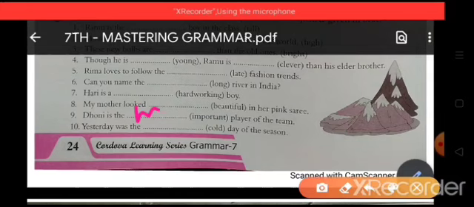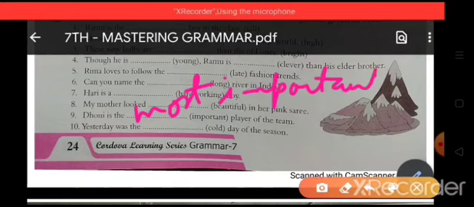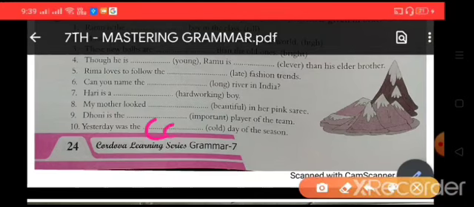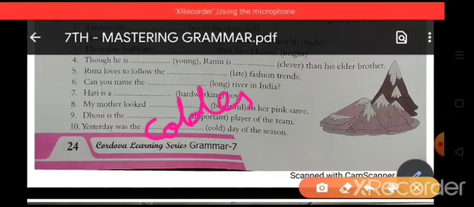Most important. Yesterday was the coldest day. Coldest day of the season.